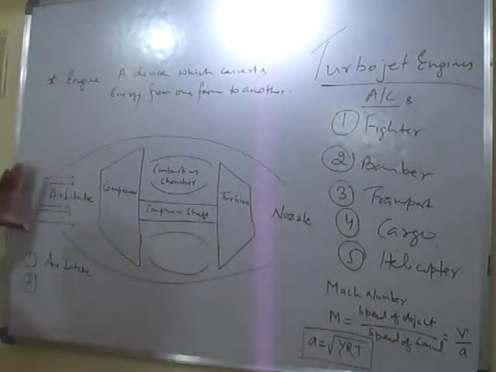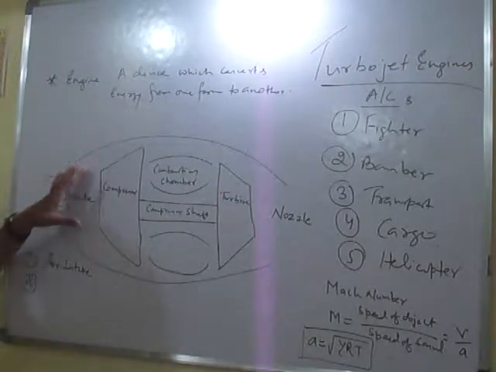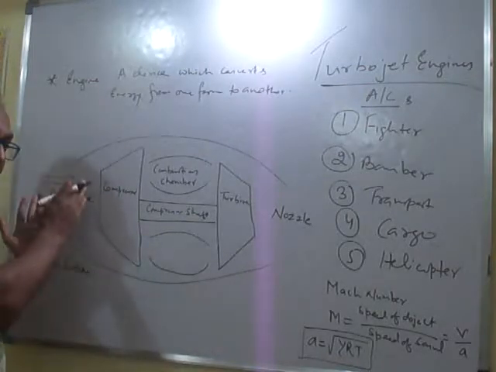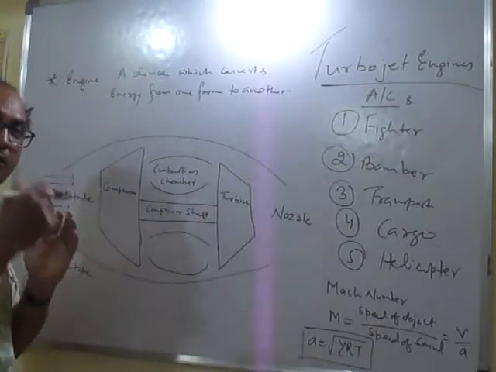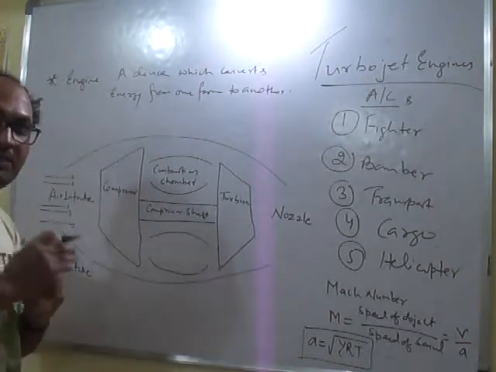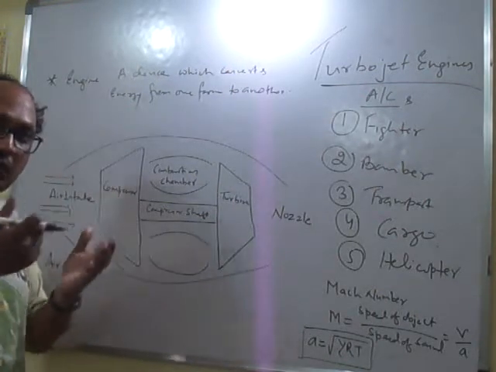So atmospheric air will be coming into this air intake with some speed, and that speed also gets reduced. It is designed to provide a smooth airflow to the compressor, because the compressor blade is designed to receive the airflow in a particular fashion.